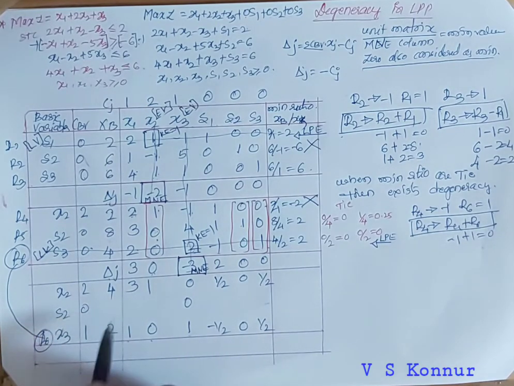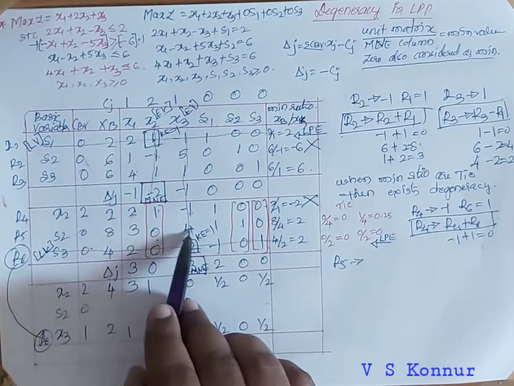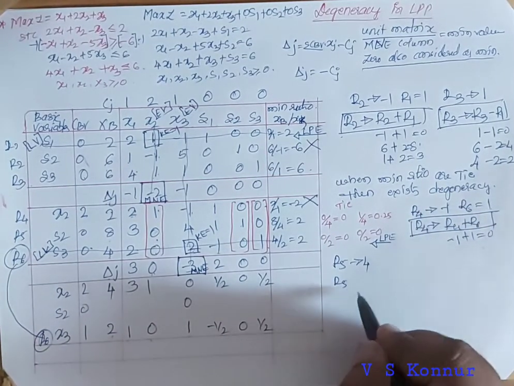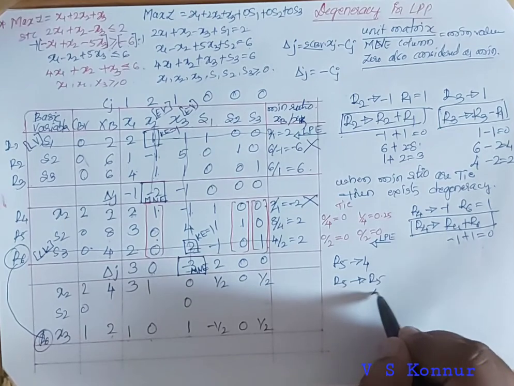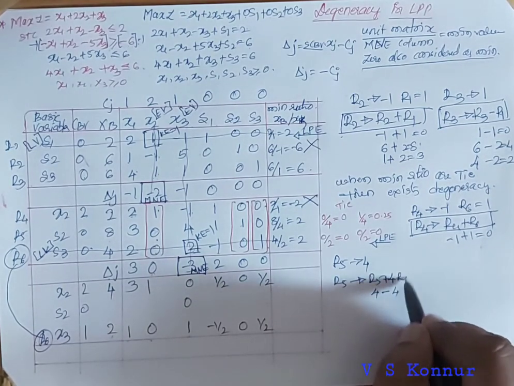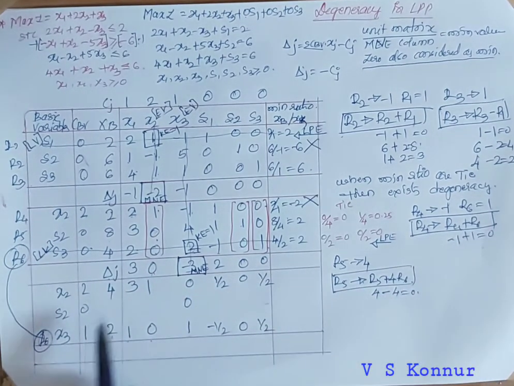Next, for R5 also you should write the equation. R5 is having 4 and R6 is having 1. So R5 minus 4 R6, then it should be equal to 1. For this I will explain.